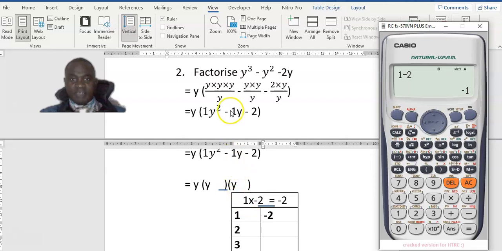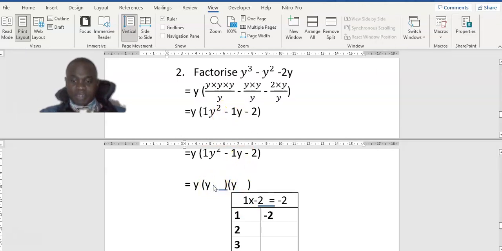Alright, so this satisfies this one. So we can say this is +1 and this is -2. We have factorized that one nicely.